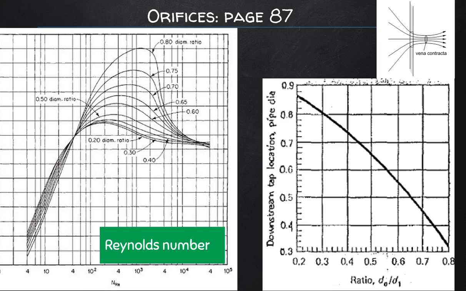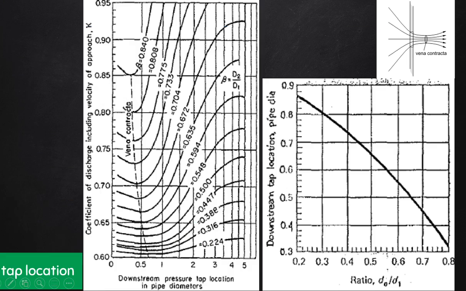The choice of orifice size is also important. This needs to be matched to the correct placement of the downstream tap location, and this is shown correlated here in the bottom right-hand graph. Now the following graph on the left is also used to correlate the coefficient of discharge with the downstream tap location, and all of these graphs are available to you in the handbook for your perusal.